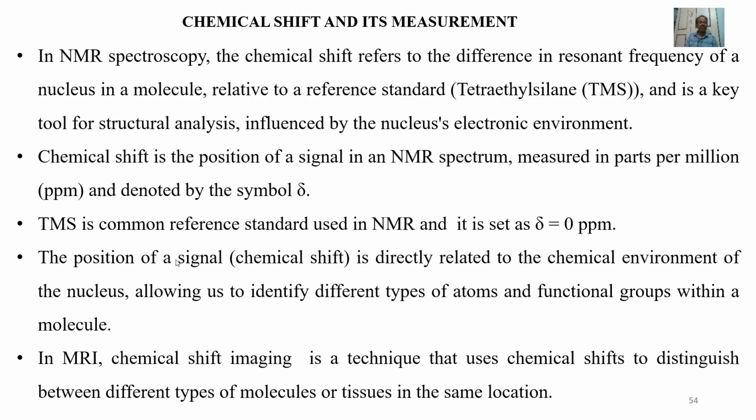The position of a signal, which is nothing but chemical shift, is directly related to the chemical environment of the nucleus, allowing us to identify different types of atoms and functional groups within the molecule. In MRI, chemical shift imaging is a technique that uses chemical shifts to distinguish between different types of molecules or tissues in the same location.